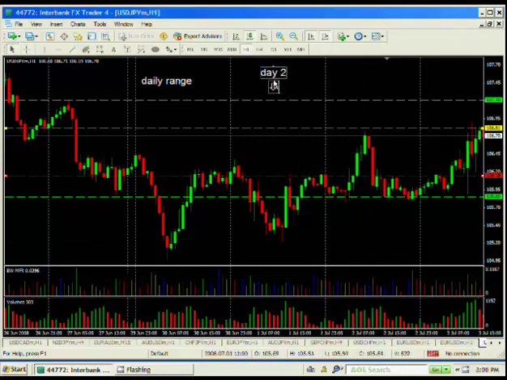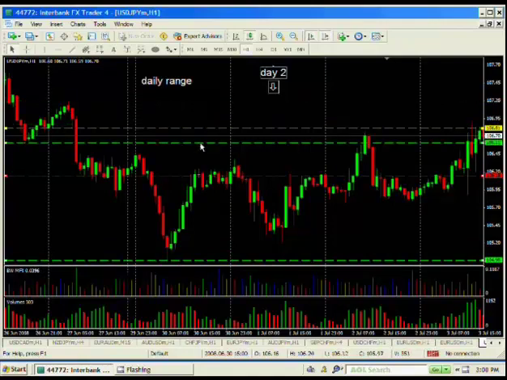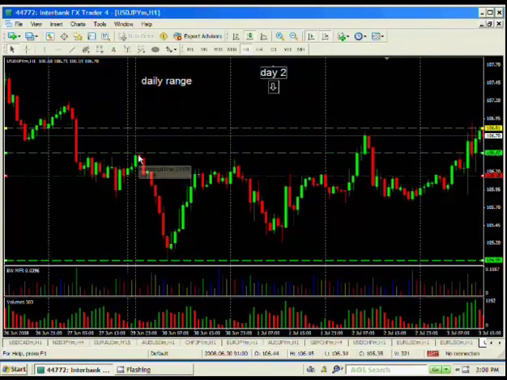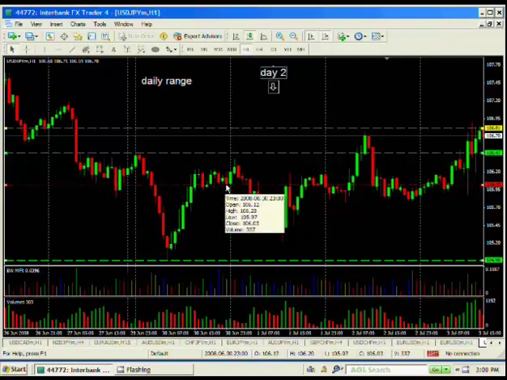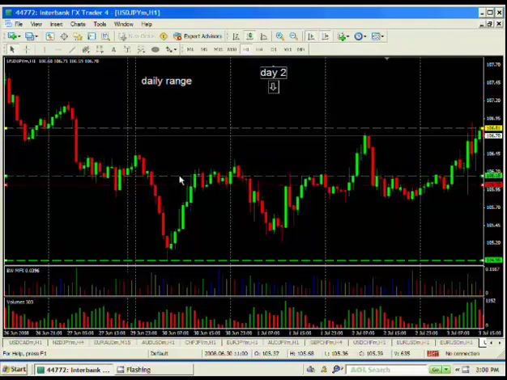So now let's set up our daily range for day 2 by drawing our lines for the prior daily range. And okay, we have yesterday's low, yesterday's high, yesterday's close, and yesterday's open.